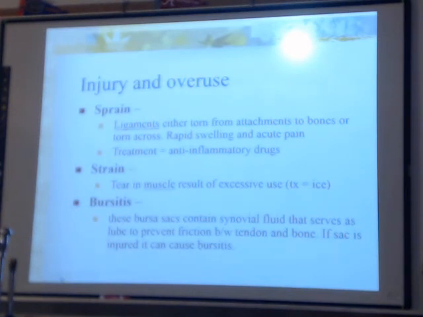And when that happens, the bones tend to rub up against each other, and they have friction, and it causes injury. So it causes more inflammation in that area. So bursitis is when you have an inflammation or a leakage of the fluid in that synovial sac or bursa sac, and so there's not that lubrication to prevent friction, and it causes increased friction.